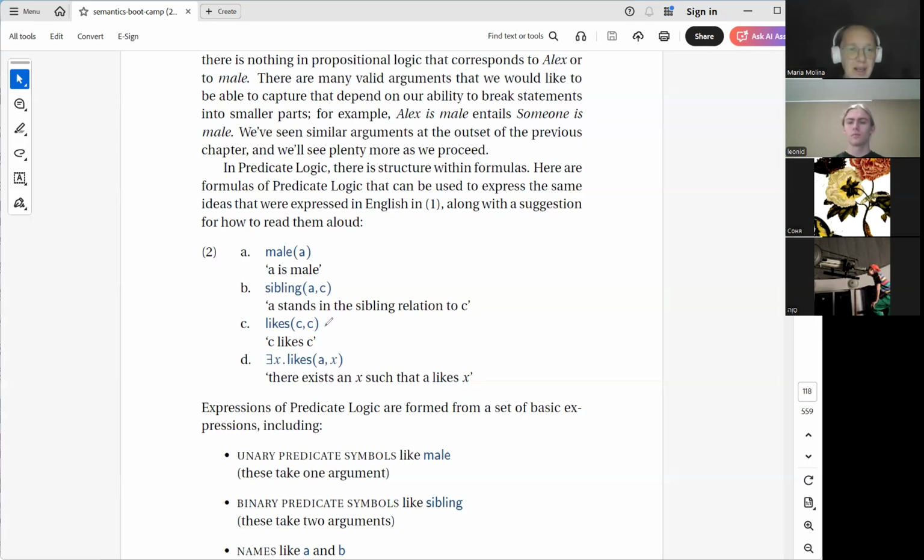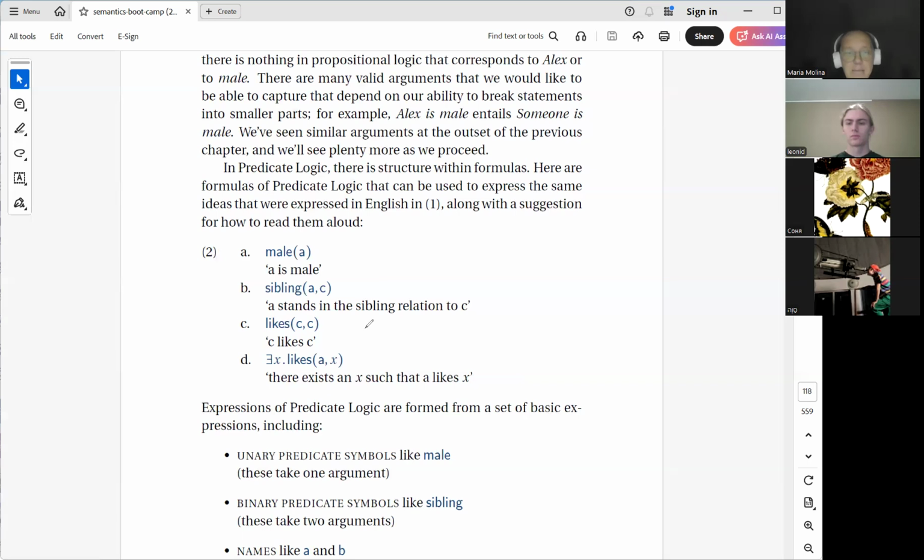And as we see here, subject and object can be the same person, but we still write it twice, so that the formula would work with first C as subject and second C as the object.